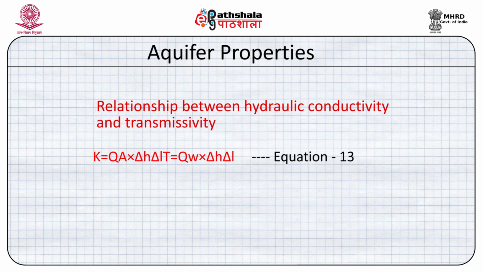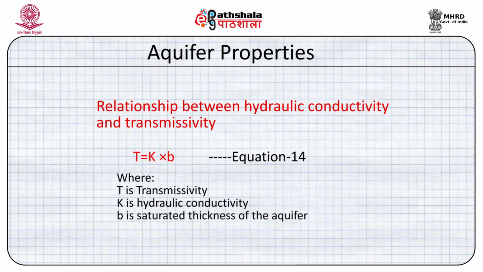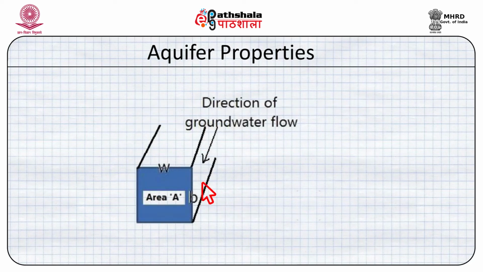What you see in the end is equation 14, which says that T, transmissivity, equals K, hydraulic conductivity, multiplied by B, saturated thickness. If you look at figure 7, it's very clear that W is the width and B is the saturated thickness.